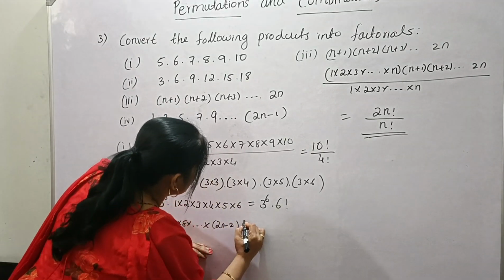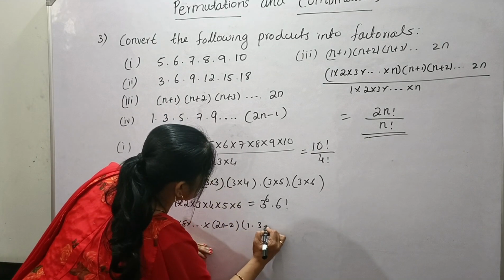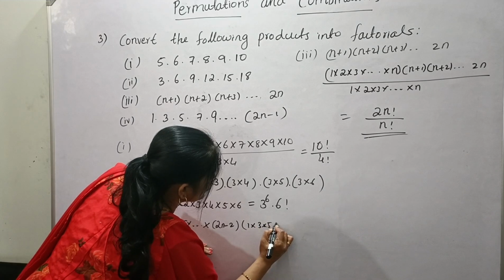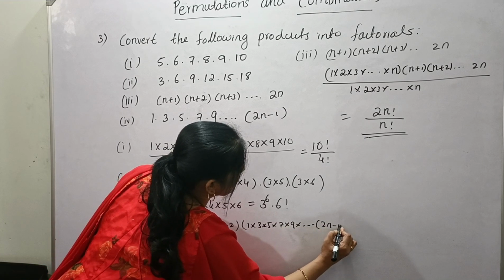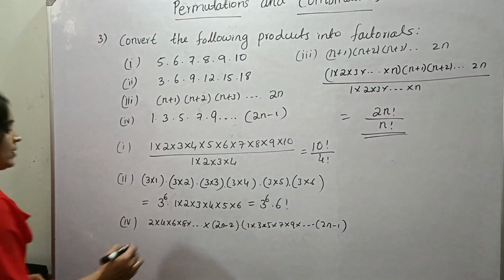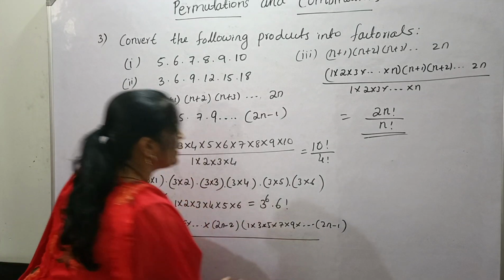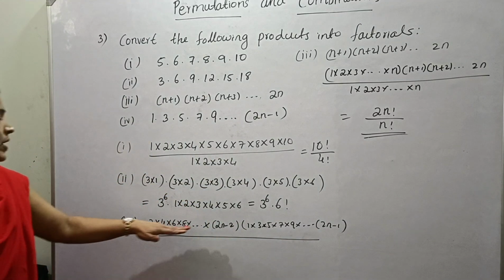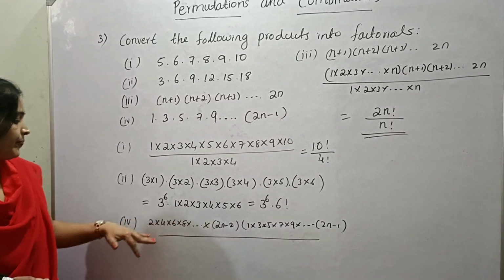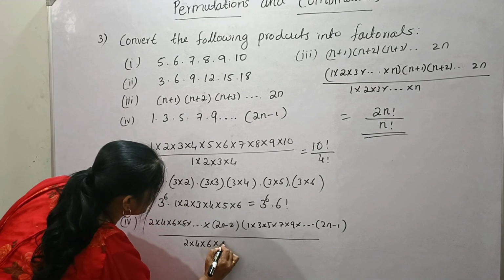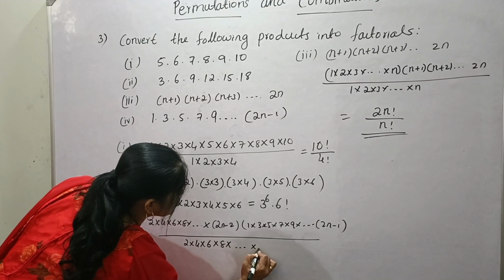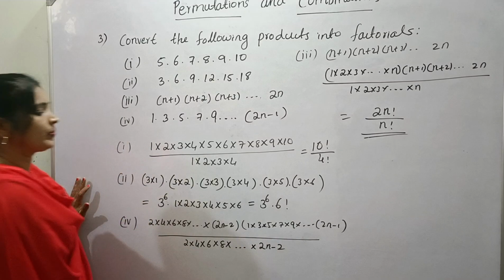Okay, into, next is 1 into 3 into 5 into 7 into 9 into etc. into 2n minus 1. Okay, so next here also let us divide by the number which is multiplied in the numerator, that is 2 into 4 into 6 into 8 into etc. into 2n minus 2.